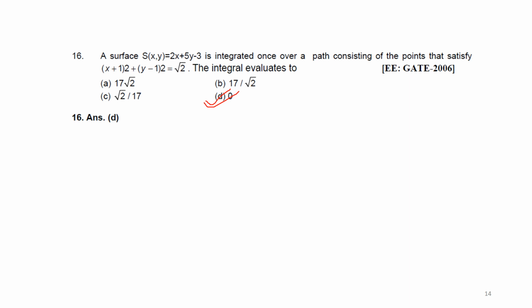I have seen a lot of problems where one of the options is 0, and 99% of the time that is the answer. So here also the answer is 0, which is option G. If you want to solve, you can try this problem. Ultimately, you will get 0.